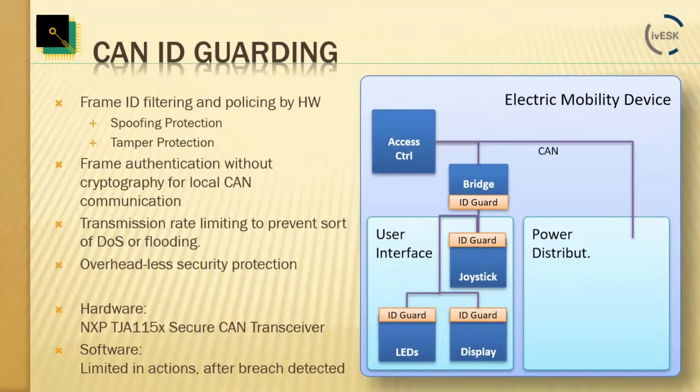Now, the idea behind CAN ID guarding, and I assume everyone here has enough basic knowledge on CAN, otherwise you wouldn't be joining this group anyway. But to make sure that everyone here is on the same page, allow me to repeat that one of the essentials in any CAN communication system is that each and every CAN frame has a CAN message ID.